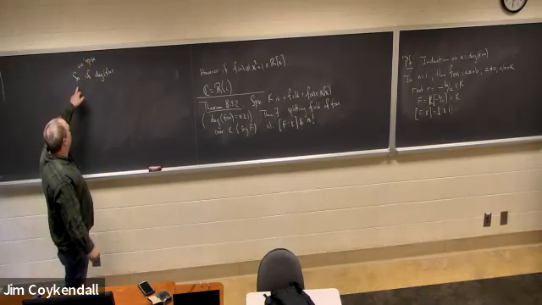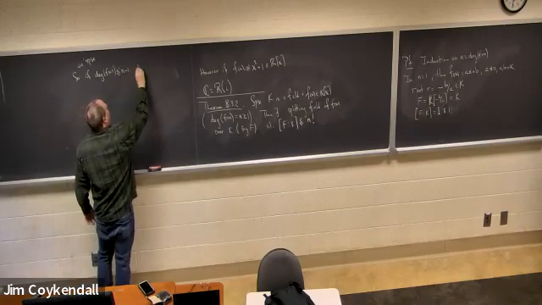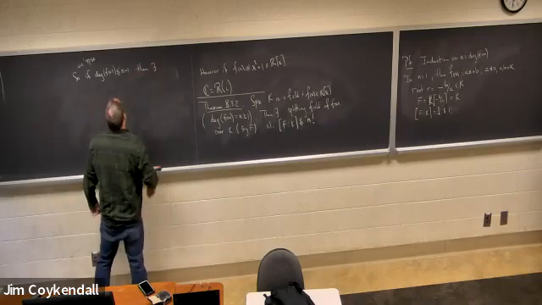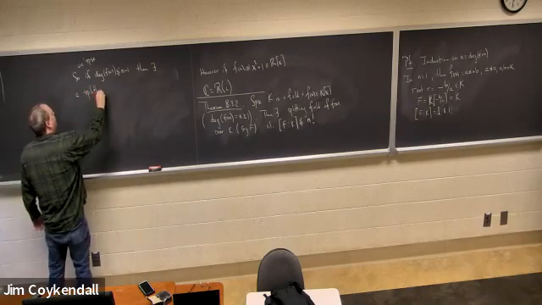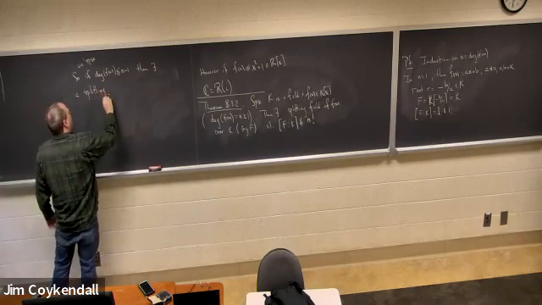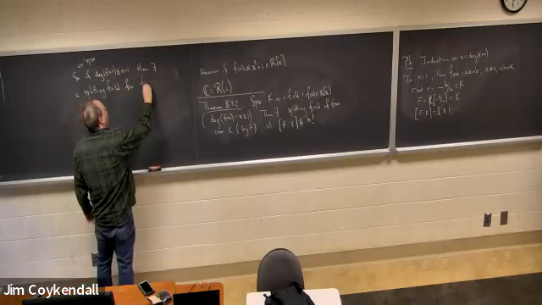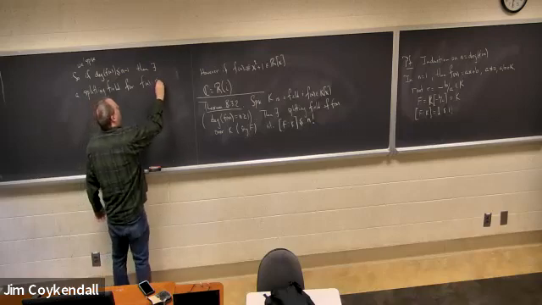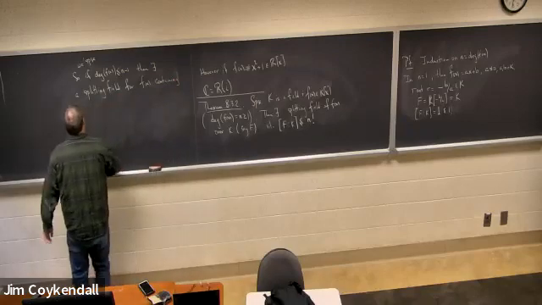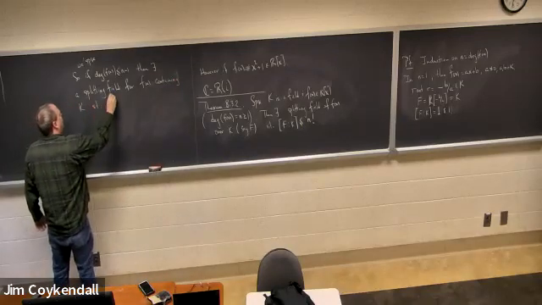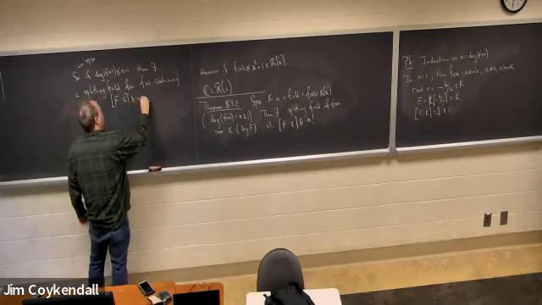If the degree of f(x) is less than or equal to n minus 1, then there exists a splitting field F for f(x) containing K such that the degree of F over K is less than or equal to (n minus 1) factorial.